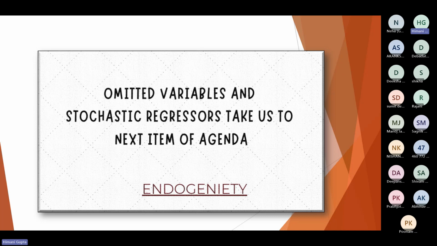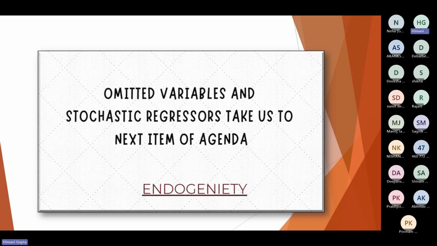Let me give you one more example: experience and ability. We are saying that as experience increases, salary increases. Education is also one of the factors for salary increase. But education also depends on the ability of a person, isn't it?